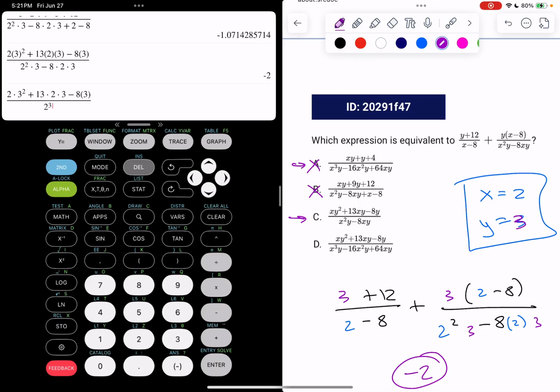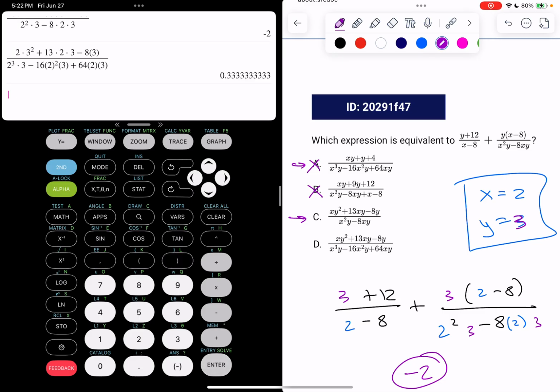Let's delete that. 2 cubed times 3 minus 16 times 2 squared times 3 plus 64 times 2 times 3. And that is not what we wanted. So we found it. Stuff like that might take a minute, but this is an advanced, challenging question. To be able to guarantee it for ourselves just using a calculator, that's some pretty good stuff.